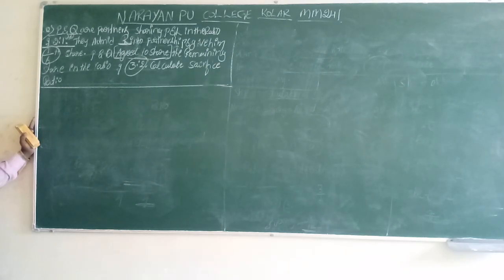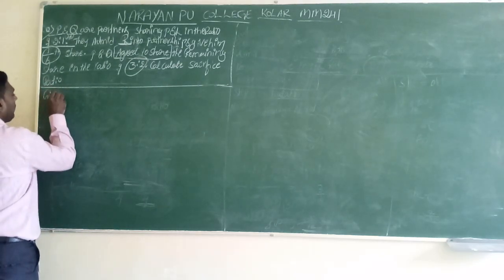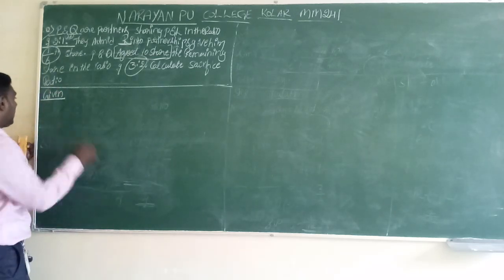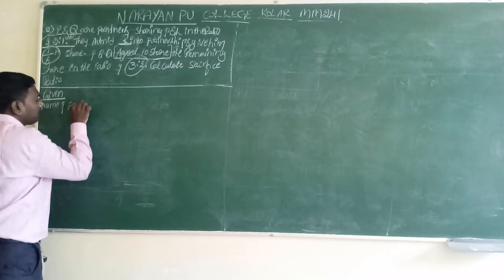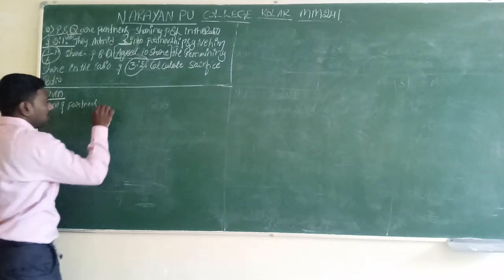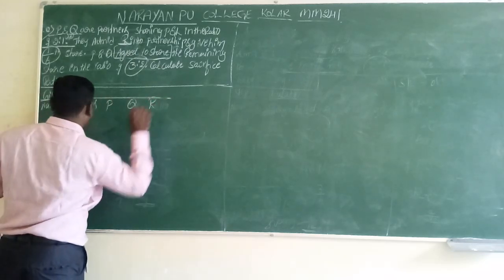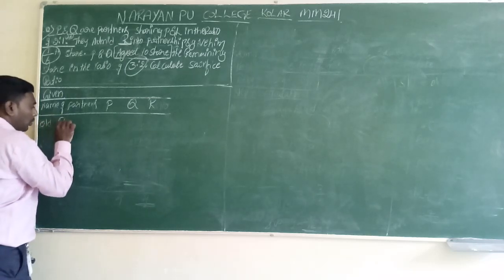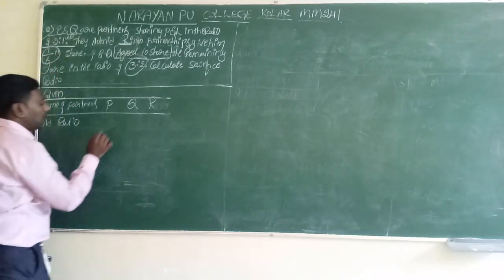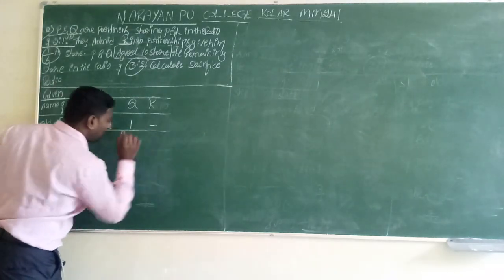So for this case, again we have to follow 3 steps only. First we have to make a note of the given information: what things are given. First we write the names of partners, that is P, Q, R. These are the 3 persons. For them, first the old ratio is given: for the first partner 2, second partner 1, third partner hyphen, which is not given.